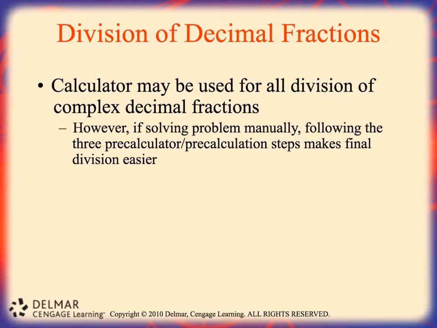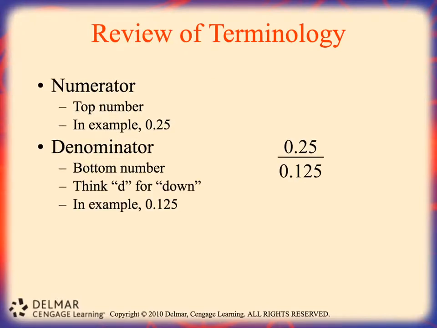Division of decimal fractions, you can use the calculator almost always. If you're solving it manually, then there will be some steps that you have to take to make the final division easier. We usually get rid of our decimals. Okay, so let's review terminology.